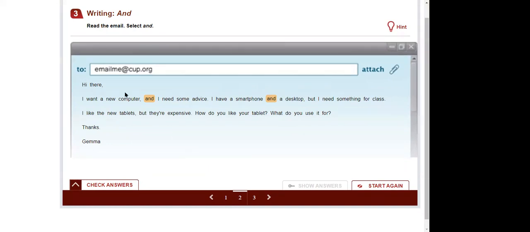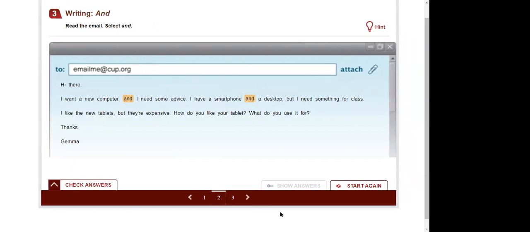Profe, ahorita que estamos viendo lo de la coma y después le sigue el and, yo tengo una duda. No sé si se maneja igual que en el español, pero hay ocasiones en donde el i va antes y después lleva la coma.